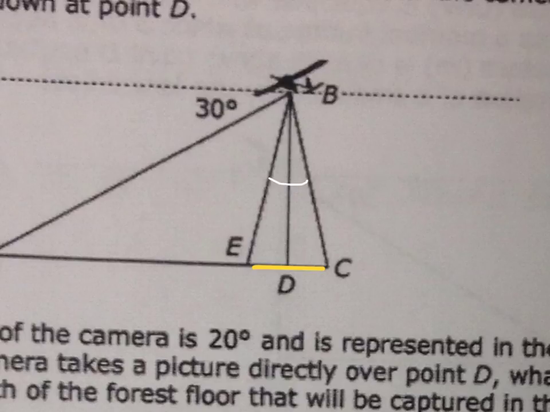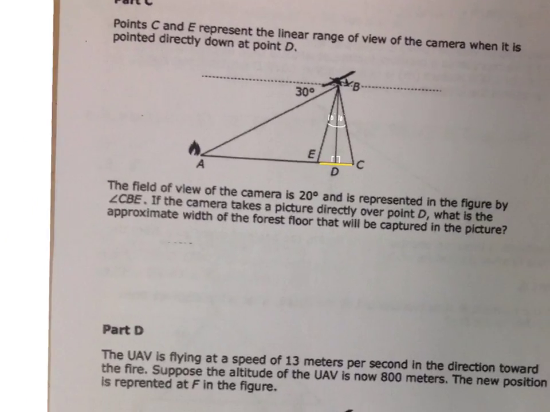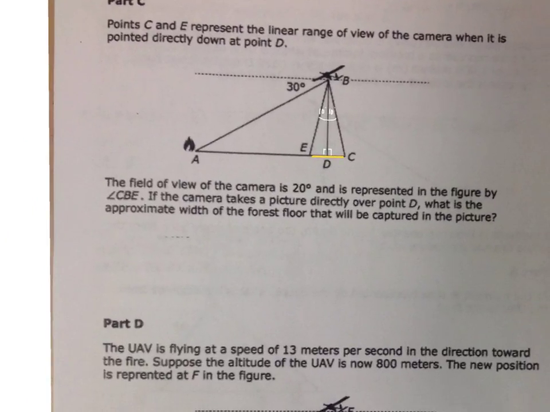Looking at this picture, I can already predict that I'm going to have to use that 20 degrees and separate it into 10 degrees and 10 degrees because of this angle bisector BD. The reason I know to do that is because I can't use trigonometry until I have a right triangle, and I can't use the 20 degrees because the 20 degrees was the vertex angle of the isosceles triangle, which would not be good to use trigonometry on. So 10 degrees apiece.